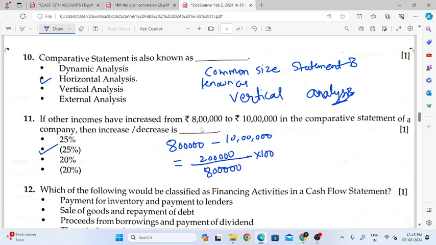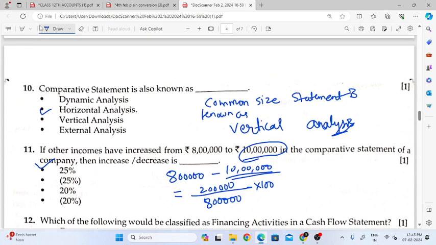So this is the correct answer. Increase from 8 lakh to 10 lakh, so we have to take 10 lakh first. Okay, so the answer is 25%.